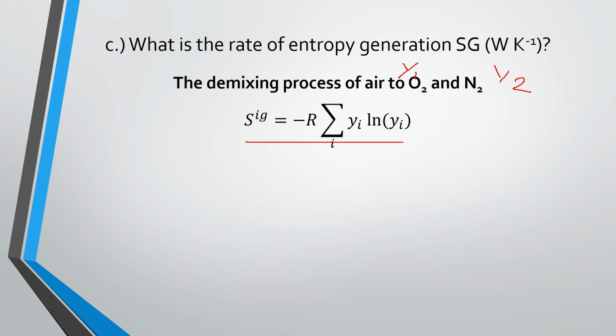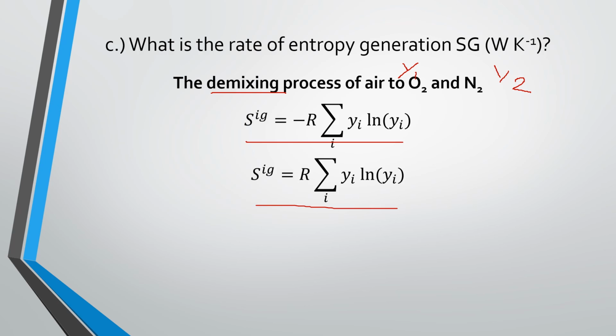However, this is used for a mixing process, while in this case, it is a demixing process. Therefore, the sign of this equation should be inversed, as the demixing separates the compounds, thereby reducing the molecular randomness and disorder. Thus, the entropy is decreased in the system. Therefore, for the demixing process, the entropy of mixing formula should be the same but with a negative sign.